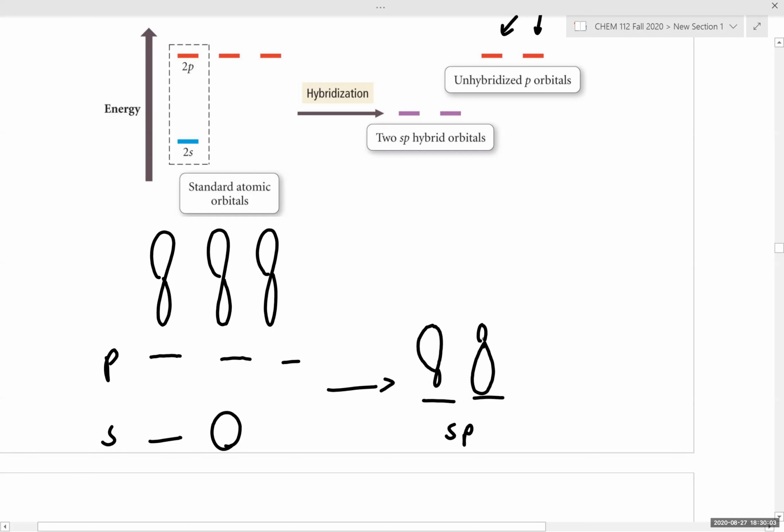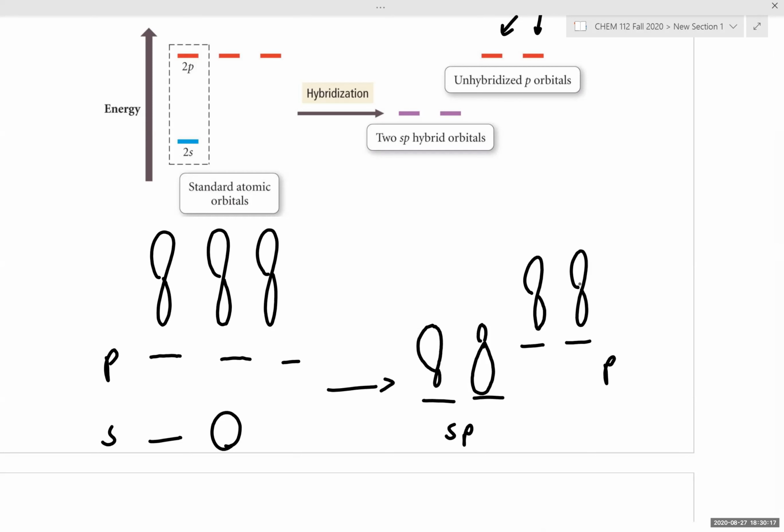They very much have a lot of s character. They're low in energy. And we have left over two p orbitals. Does everyone see in my drawings how as we have more and more s character, my orbitals have been getting shorter and fatter? They look more like an s orbital in terms of shape, right?